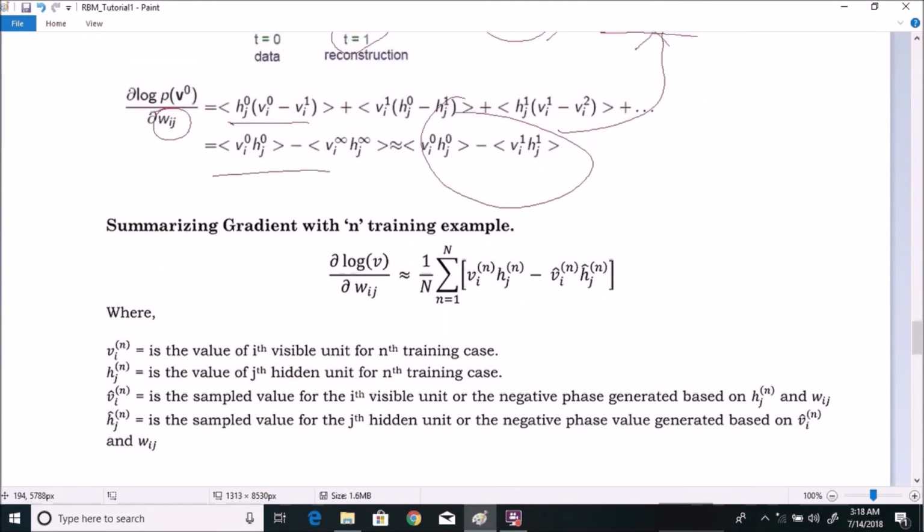Now just summarizing. Suppose we have n training examples in an RBM, and as an RBM is a stochastic model, the outer product needs to be averaged against the probability distributions.